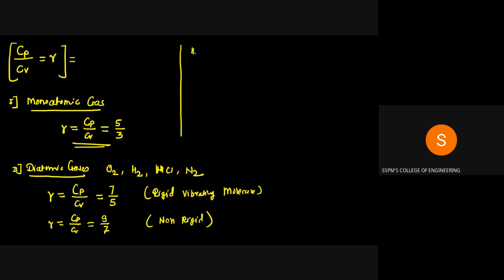Third, we have the polyatomic gases. In the polyatomic gases, the constant gamma is written as (4 plus F) divided by (3 plus F), where F is nothing but the degree of freedom.